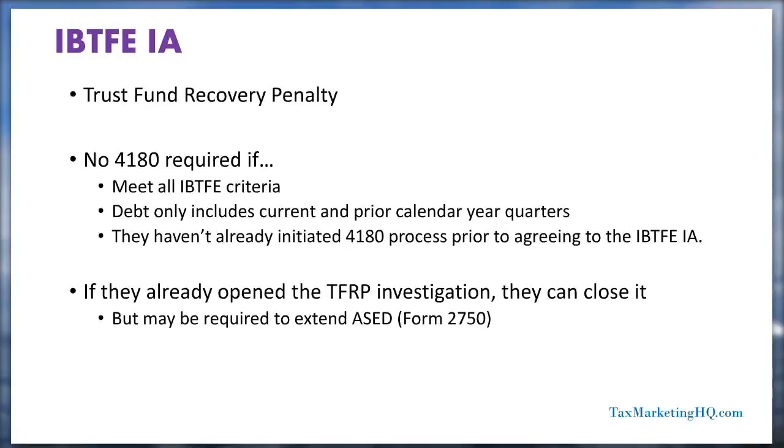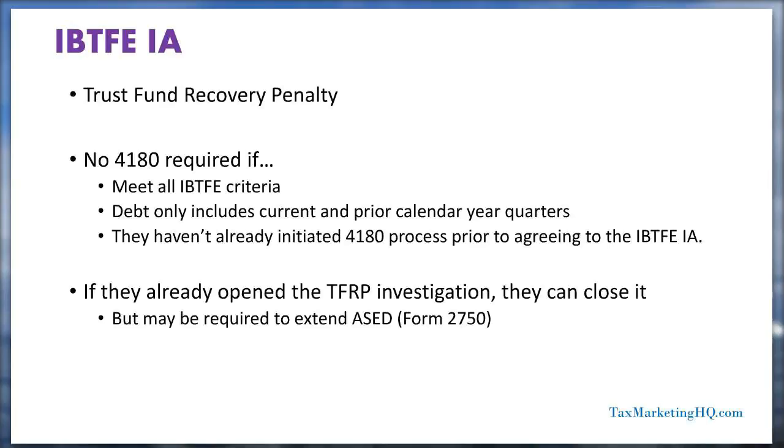So again, this is a timing issue, and this is usually what is going to trip up this process not being able to work for your client's benefit. Because if they've already initiated 4180 proceedings, well, then it can be stopped, but in that case, something else is going to come up.